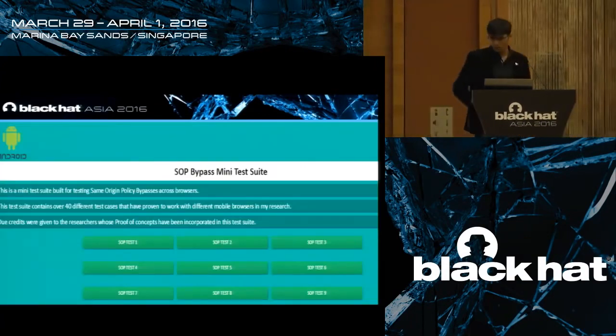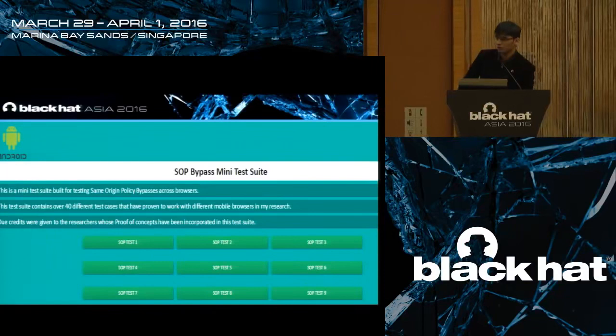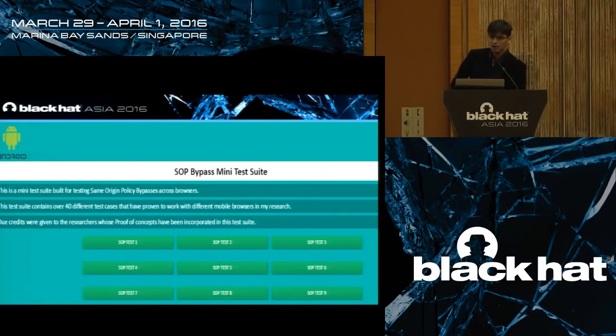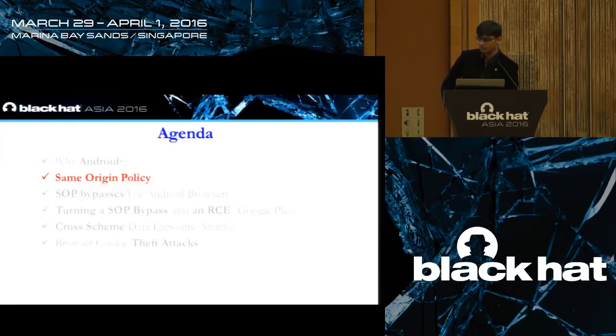This is how the test suite looks. It has more than 40 different test cases which you could use to test different browsers. And I can assure you, if you use it against the top 100 browsers of iOS or Android, you would find most of them vulnerable to one of these bypasses.